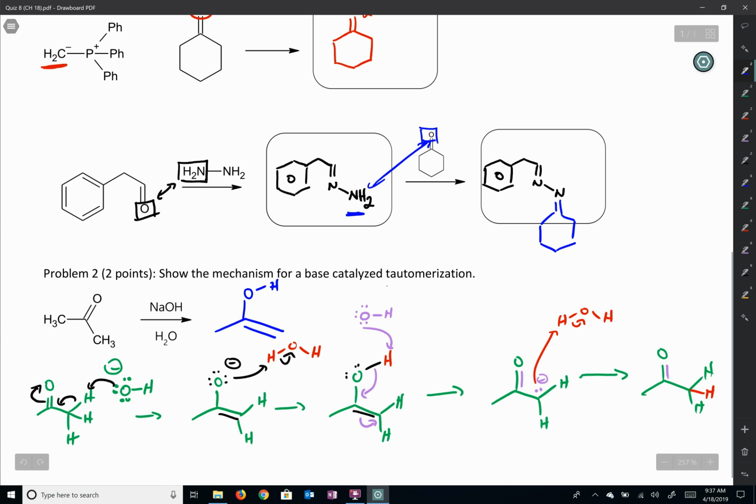And what I mean is this, right? This hydrogen right here is relatively acidic as compared to just a standard alkyl hydrogen. And so it's important to recognize that we can pluck that hydrogen off there with a strong enough base under the right conditions, and we can form a tautomer of our aldehyde or ketone.